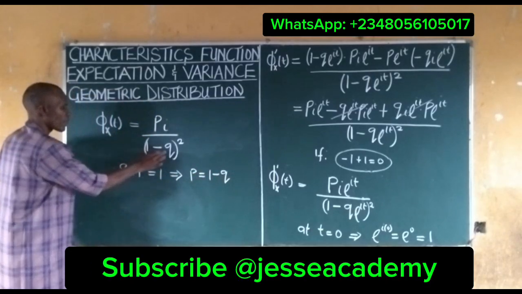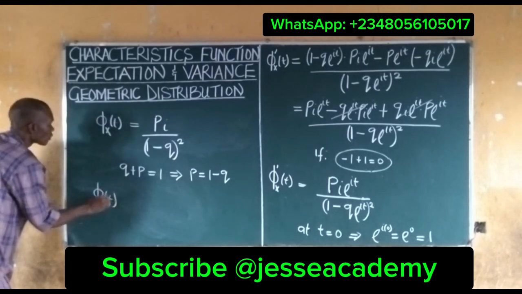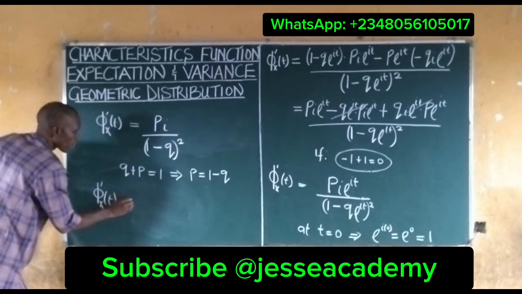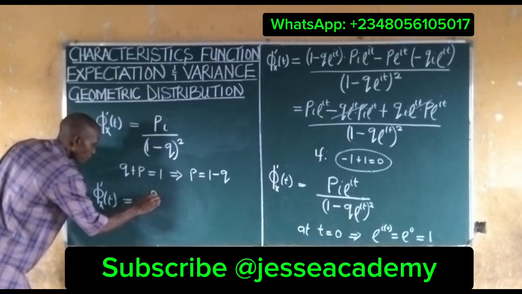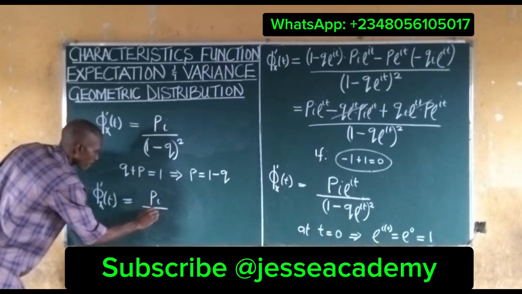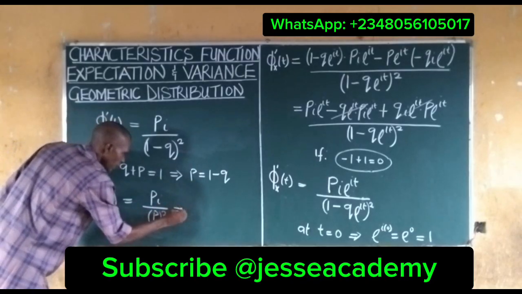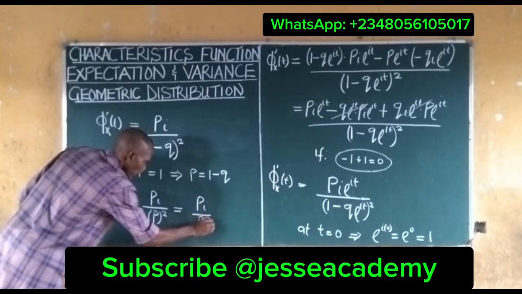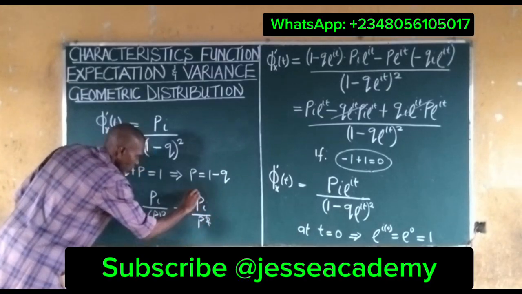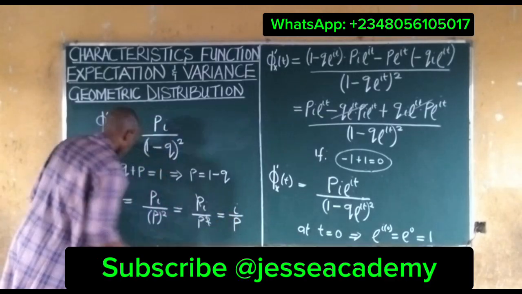So anytime we see 1 minus q, we put p. It then means that our first derivative is equal to p i all over p squared. Of course, if this cancels this, we have i all over p.